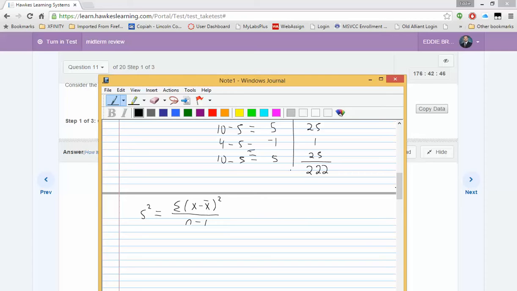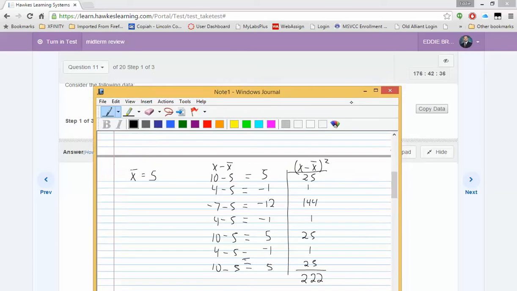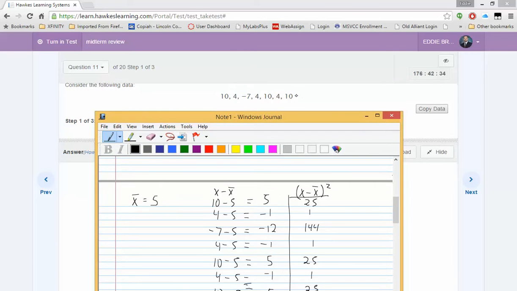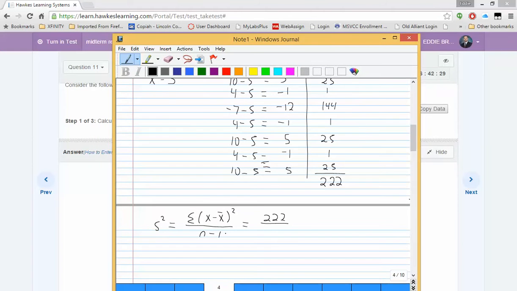That's the sum. So it's 222. Now this n, this is the number of data items. So how many number of data items was in the original set of data? 7. Okay? So that's what that n is equal to. That's going to be 7 minus 1, or 6. So 222 divided by 6.